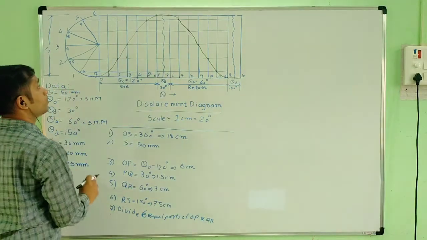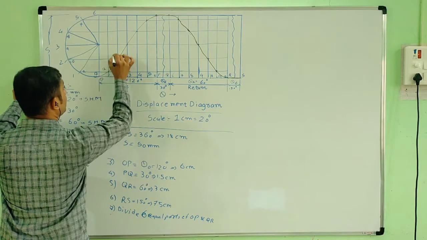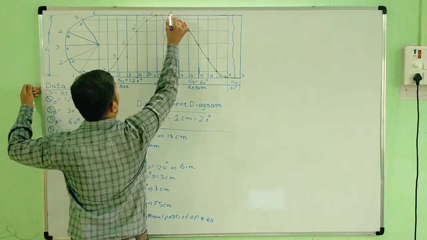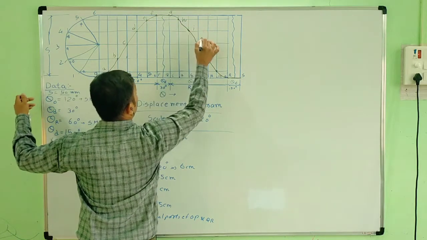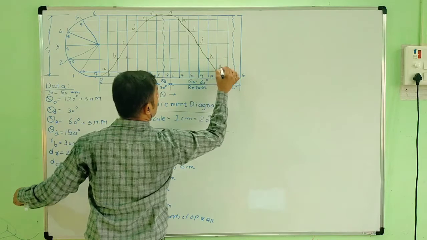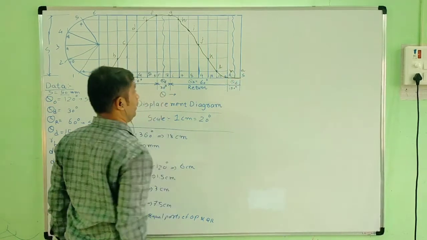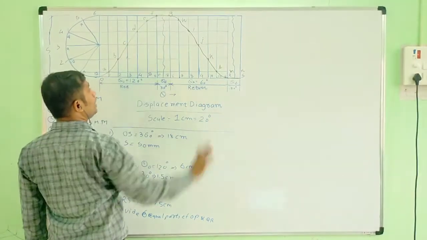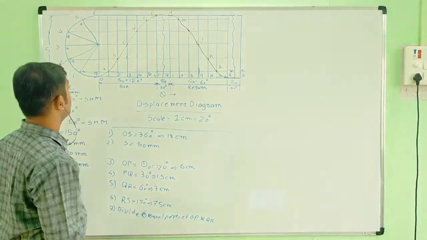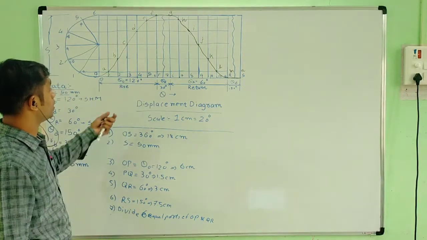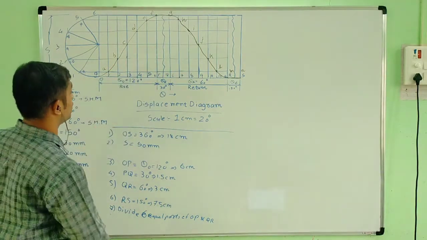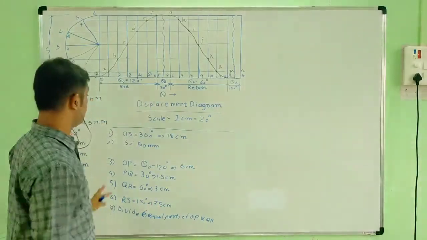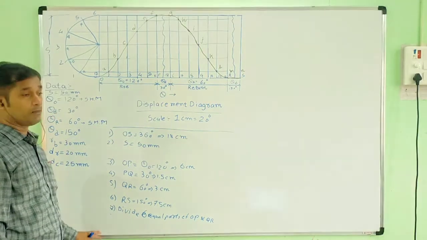Now first name A, B, C, D, E, F, G, H, I, J, K, L, M and N. We use a French curve or freehand curve smoothly. So this is a simple harmonic motion curve, the sine curve. So the first step is complete. Follow this procedure, both simple and easy.